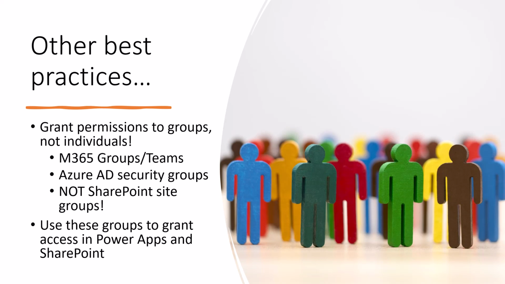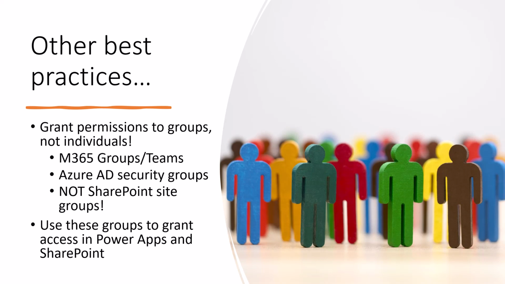If we were just controlling people inside the SharePoint site, we could use SharePoint site groups. But in this case, we can't share a Power App with a SharePoint site group. So you're better off using Microsoft 365 groups, whether they are groups of teams, or Azure AD security groups.